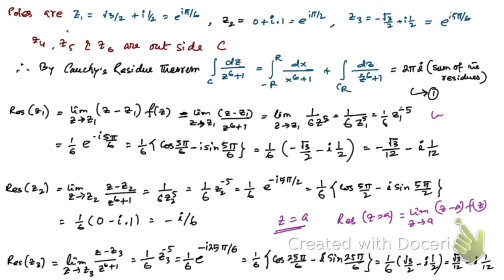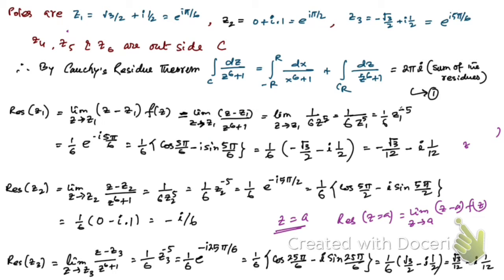So suppose you have a limit Z tends to A, f of Z by g of Z, two different functions, and for Z is equal to A, if g of Z becomes 0, then we're going to take limit Z tends to A of the derivative of f of Z and the derivative of g of Z. So if you apply that rule here, then you have to differentiate this and this with respect to z, right?